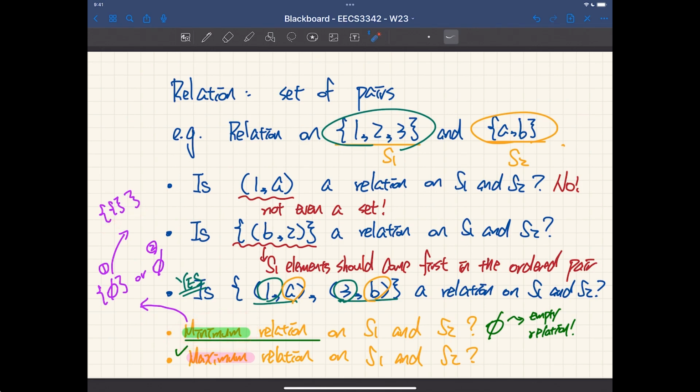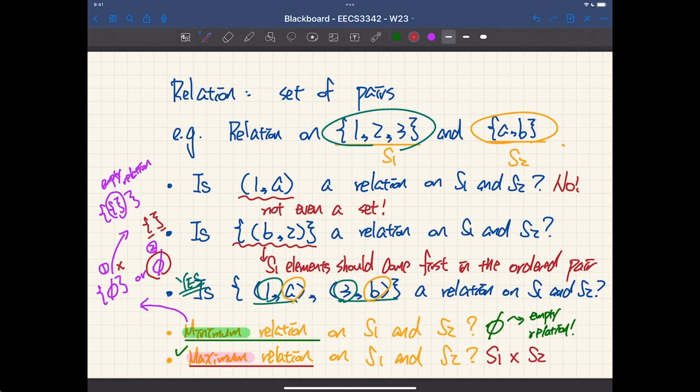This one here is the empty relation, like an empty relation with nothing inside. So this is the way to go. And the maximum relation will be just S1 cross product S2, because we can draw the different combinations from S1 and S2.